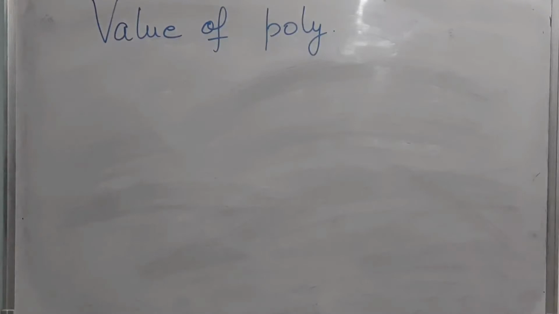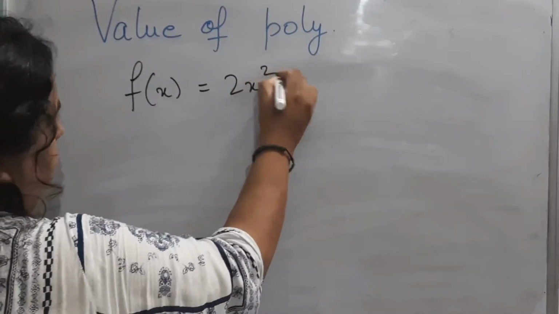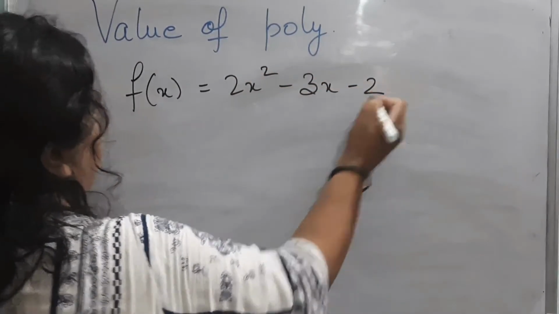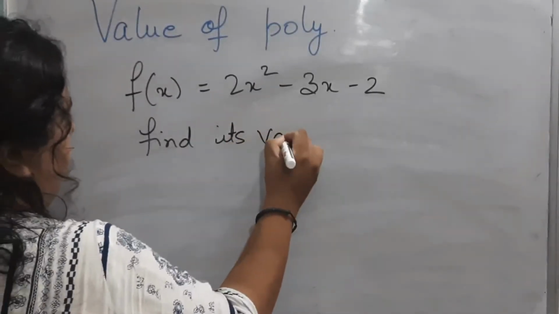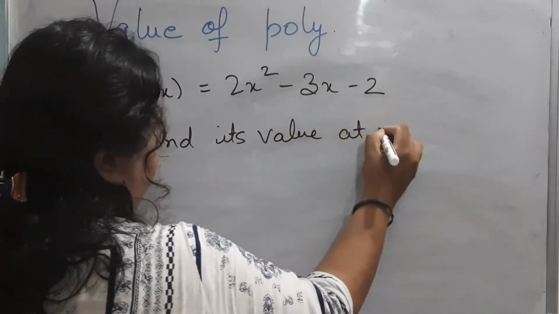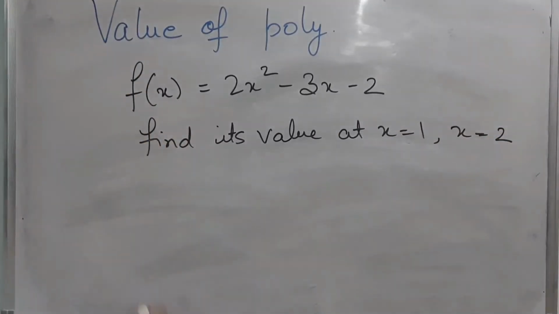If we have a polynomial and we have to find its value, how do we find it? Let's take the polynomial 2x square minus 3x minus 2. If I say find its value at x equals 1, x equals 2, then what should we do?